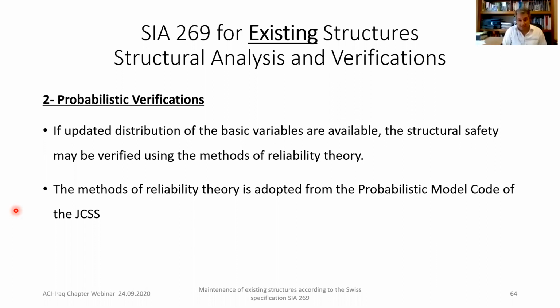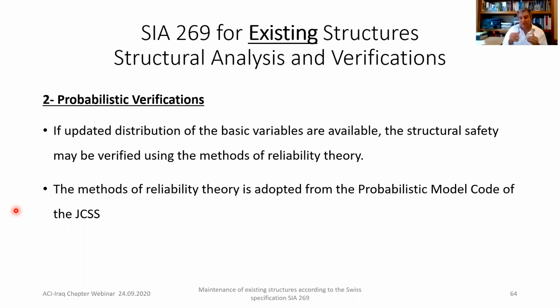Here, I want to stop a little bit and go outside to discuss the origin, the foundation of this approach. This approach is a probabilistic approach. That means it's more statistical, based on the work of the model code of the JCSS, as I said before, the Joint Committee on Structural Safety.